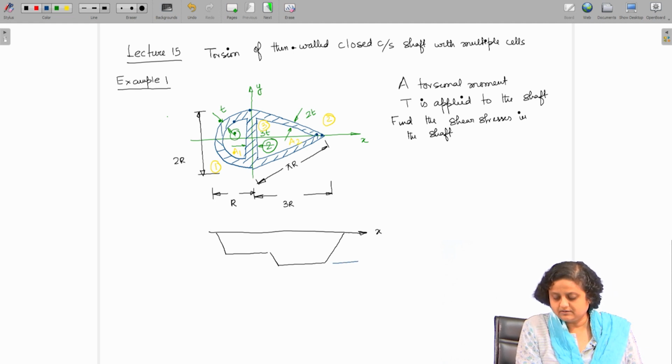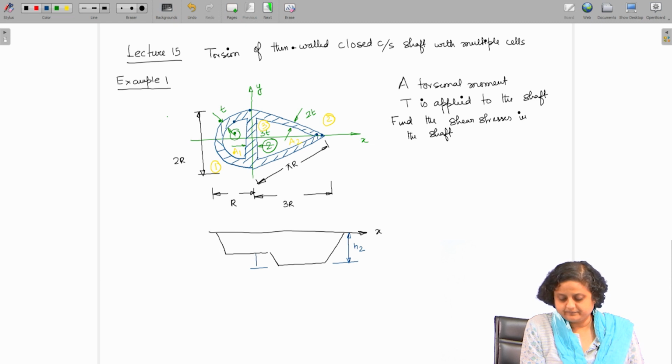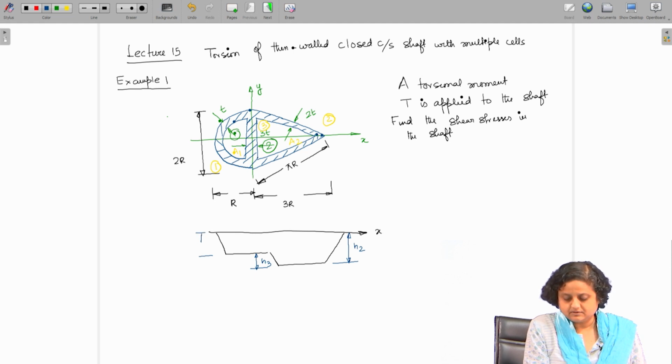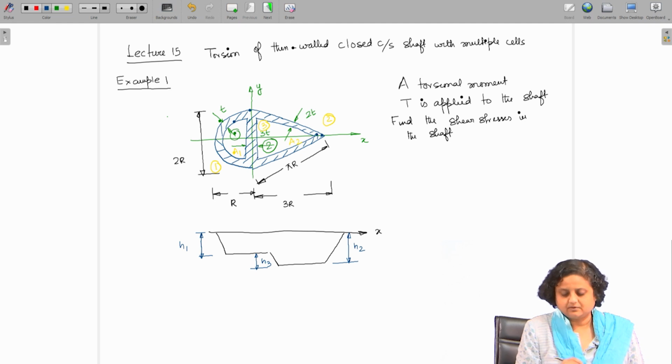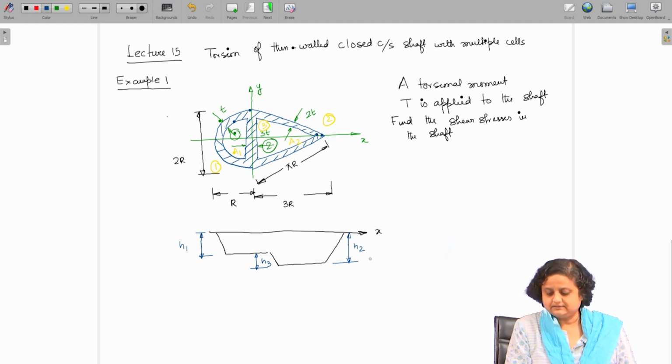This one is H2, this one let us call H3 and this one H1. So, this is the deformed shape of the analogous membrane.